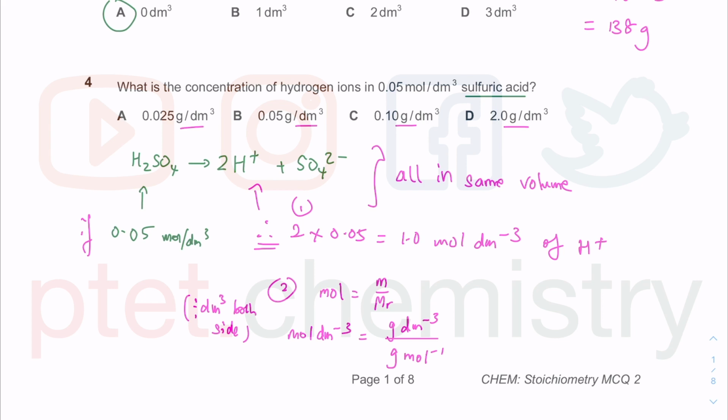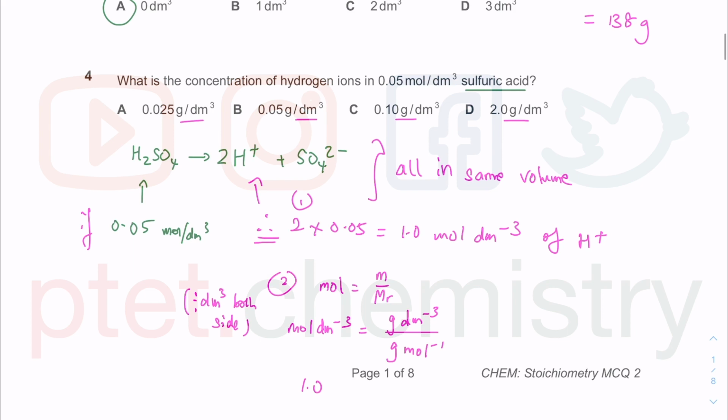So at the end of the day, we have 1 mole per dm cube on the right hand side. And we want the gram per dm cube. For H plus, our Mr is going to be 1 because H plus, which has lost 1 electron, is very light.